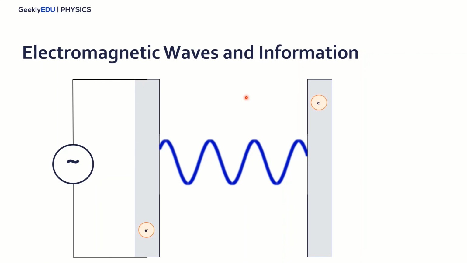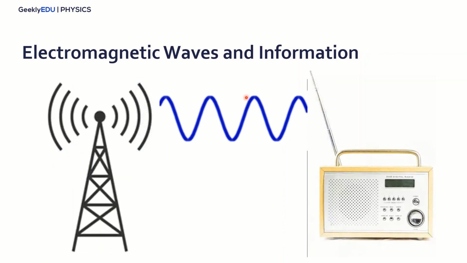That's exactly how radio antennas work. We have an antenna transmitting the information through the waves, and the radio, with its antenna, receiving this information. That's how we transmit information via radio.